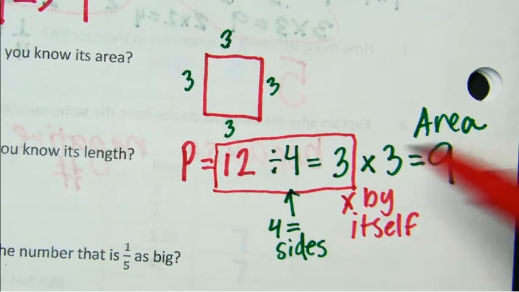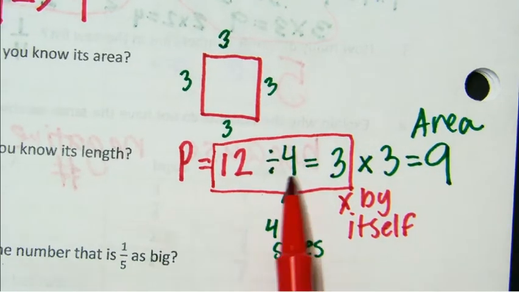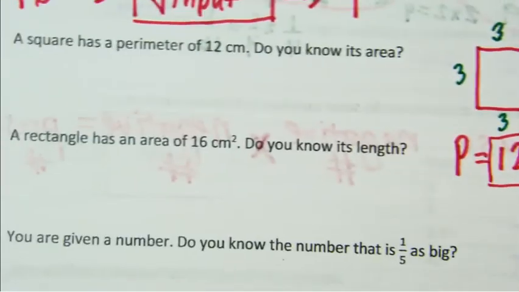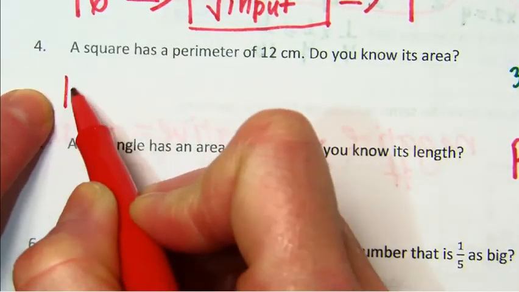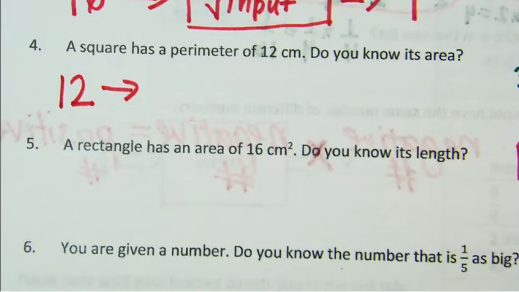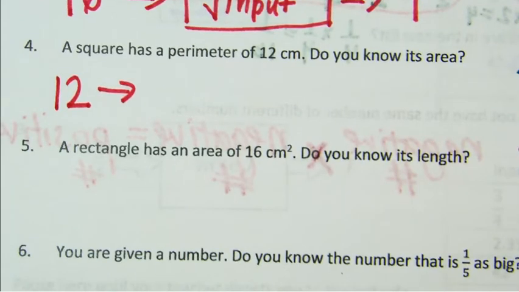Okay, so we can start out our rule by taking the perimeter and divide by 4. Every time we have a square, we can divide it by 4 to find the side lengths, right? So for our rule over here, and I'll go back and forth, we take our perimeter, or our 12, and I'm not going to draw the rectangle just yet because you don't know how much space you're going to need.